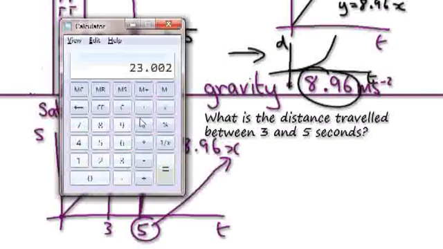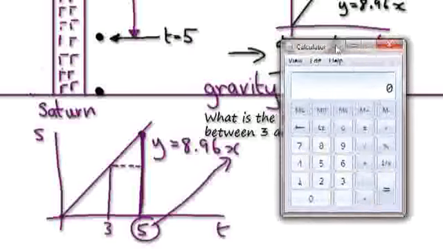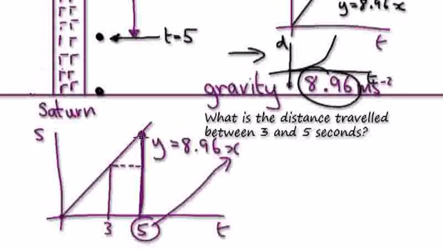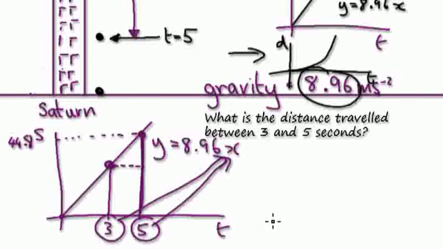So calculator, clear. 8.96 times 5 equals 44.8. So this bit here is 44.8. Now let's try and work out this bit here. Put the 3 into this equation.